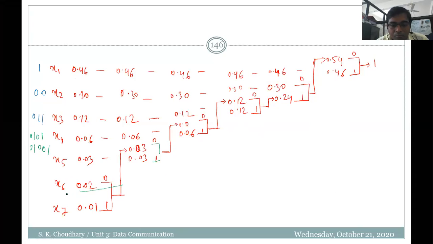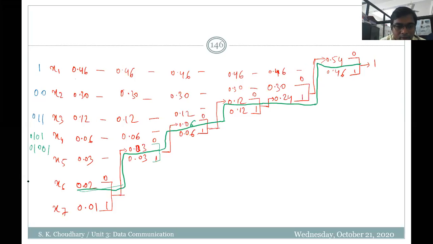If we see x6, it is 0.02, and if you go here, then 0.03, then 0.006 actually, and then again this is the path, and lastly 0.5. Actually it is a reverse tracing, but for your convenience during practice you can go either front tracing or back tracing.